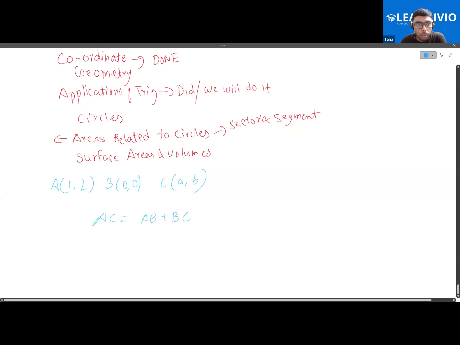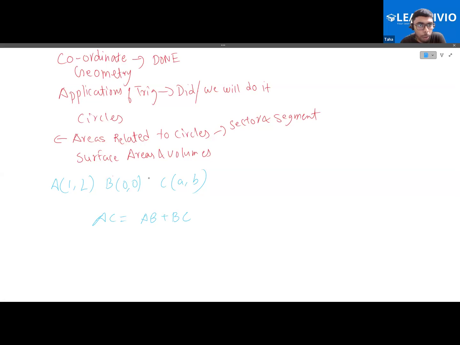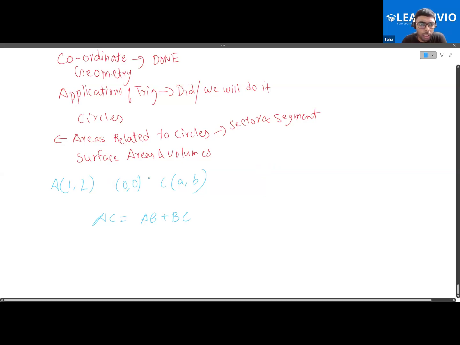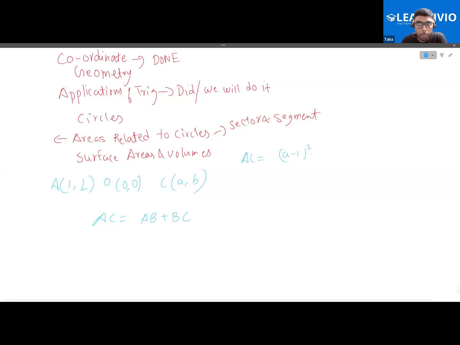Okay, so AB would be, these are the points, right? No mistaken points, right? It's not B, it's O. So AC would be A minus 1 whole square plus B minus 2 whole square.